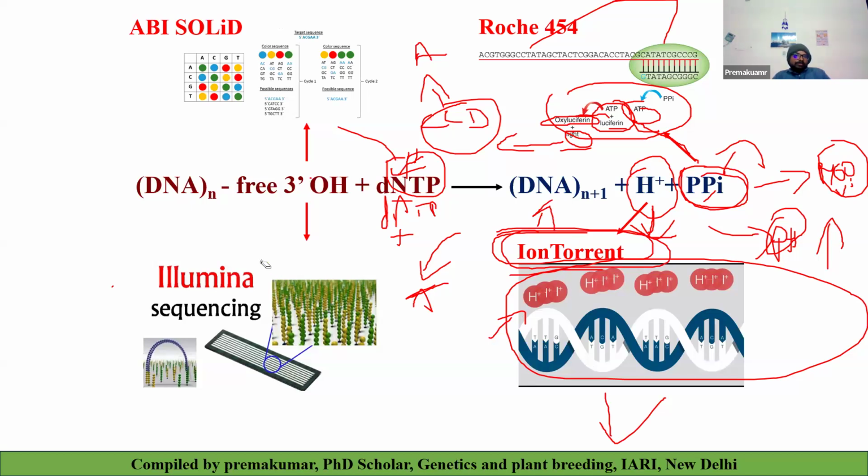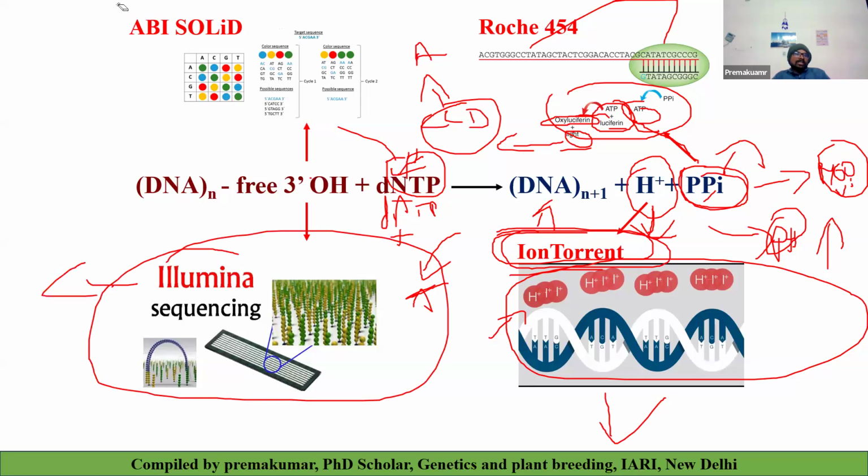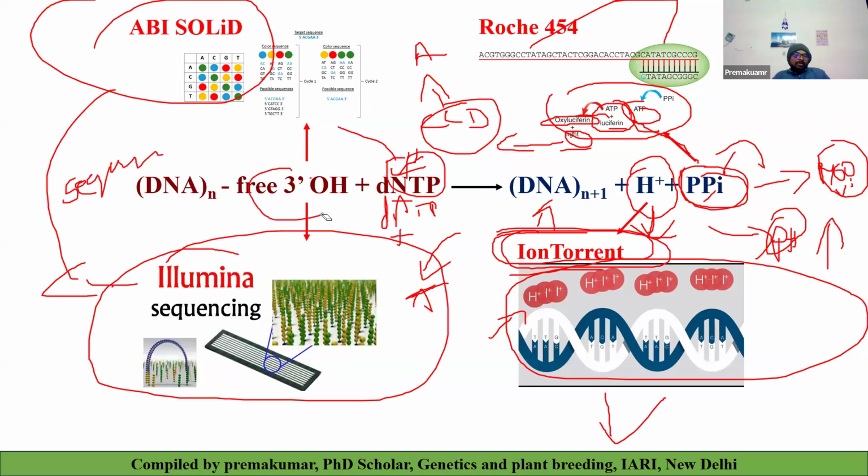Then another method, Illumina, and ABI SOLiD, both use the same chemistry. They are actually sequencing by synthesis. It means they add 3' dNTPs, but instead of plain dNTPs, they are using fluorescently labeled dNTPs that also act as reversible terminators.